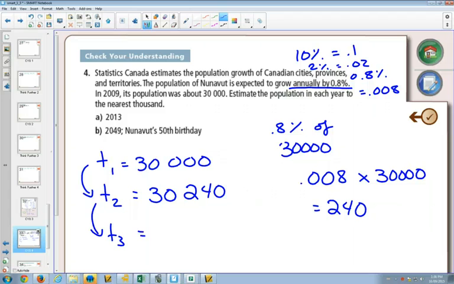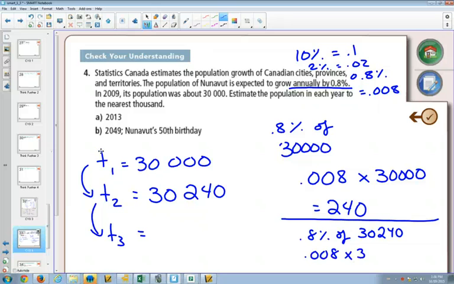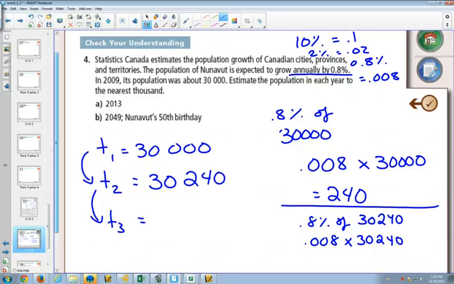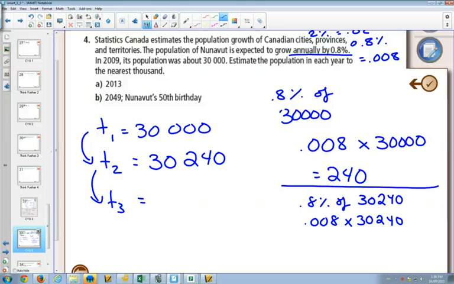So I'm going to just do term 3 the same way. I'm going to have to do 0.8% of 30,240. So 0.008 times 30,240 gives 241.92 new people. Nice.